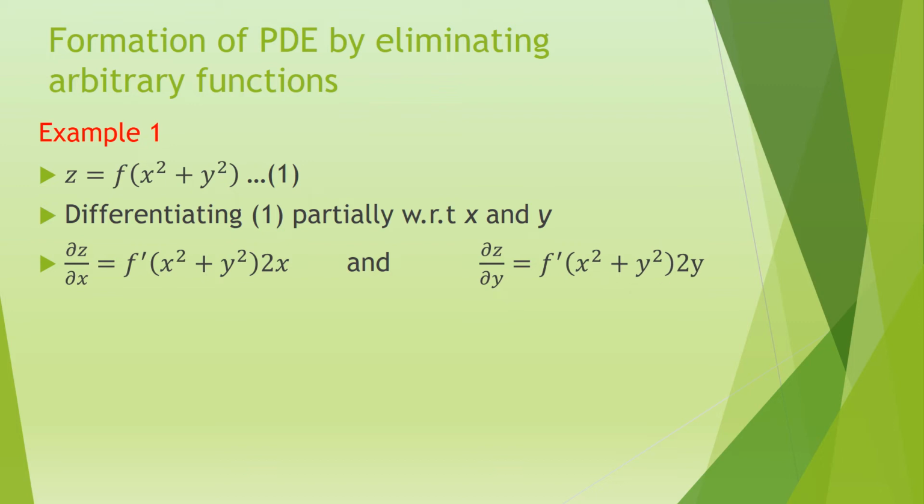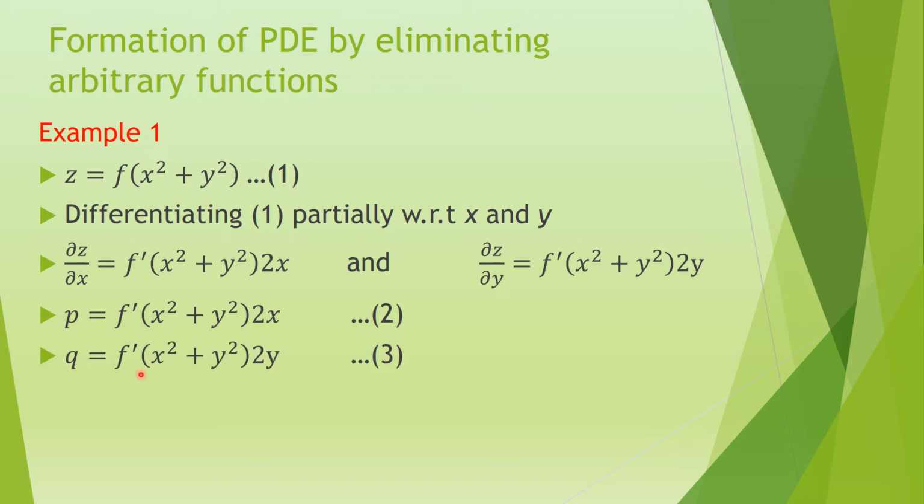Now, dou z by dou x means it is p. We have the notation. So, p is equal to f dash of x square plus y square into 2x. Similarly, q equal to f dash of x square plus y square into 2y. By using these equations 2 and 3, we can form PDE. How to form PDE? It is just enough to divide equation 2 by equation 3.